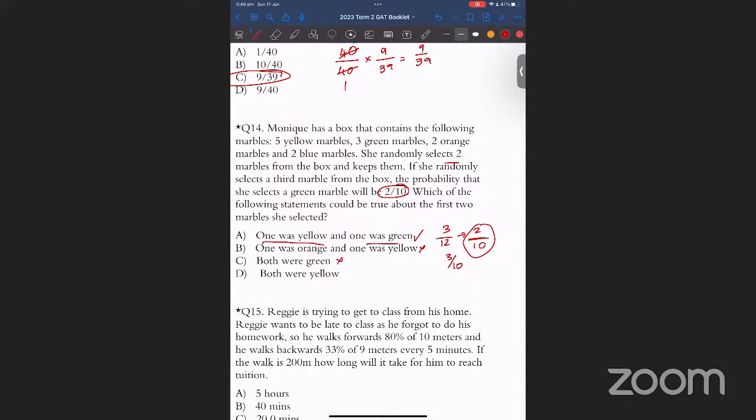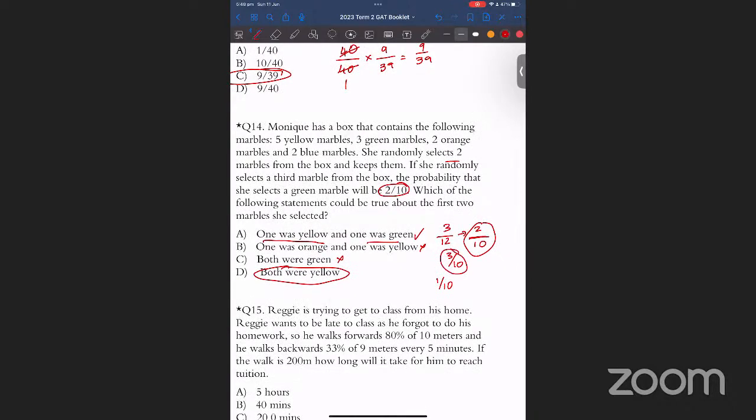This is also incorrect, because if you took 2 greens, it would turn into 1 out of 10, not 2 out of 10. If both were yellow, that means all 3 green marbles would be left behind, so the probability would be 3 out of 10, but it's actually 2 out of 10. The only one that makes sense is A. You guys understand?